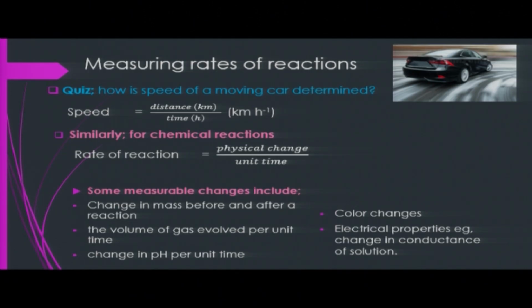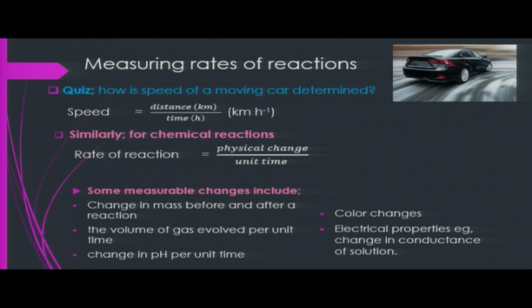And the color change. Much of the time, we normally look at the colors to tell us if the reaction has occurred or it is still occurring. So those are the measurable changes that one would opt for when looking at a rate of reaction. The point here is rate of reaction is any physical change detected or measured within a time range. It can tell you how the reaction is going.